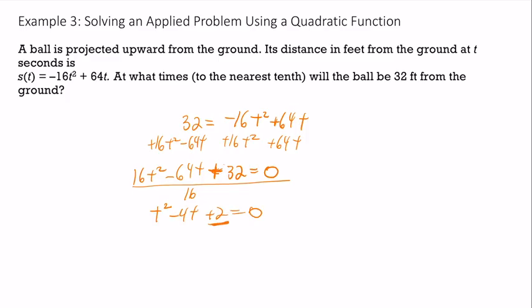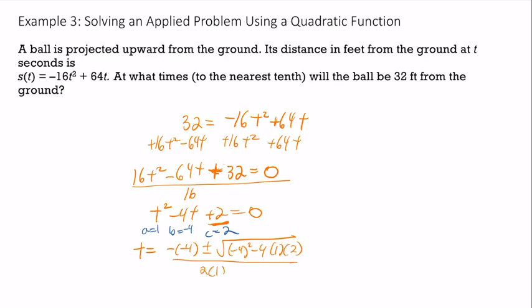Are there any factors of ac that add up to b here? Are there any factors of 2 that add up to negative 4? No. So let's use the quadratic formula. Let me label my a, b, c. A is 1, b is negative 4, and c is 2. T is negative b plus or minus the square root of b squared minus 4ac, all over 2a.